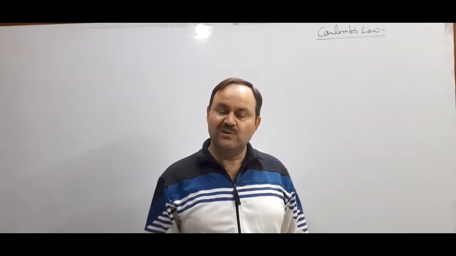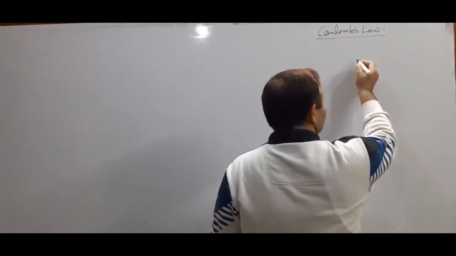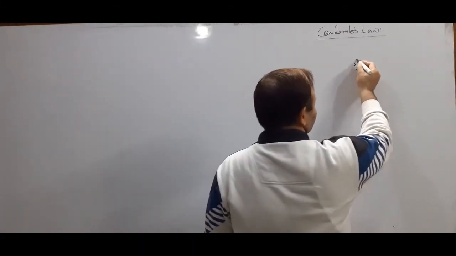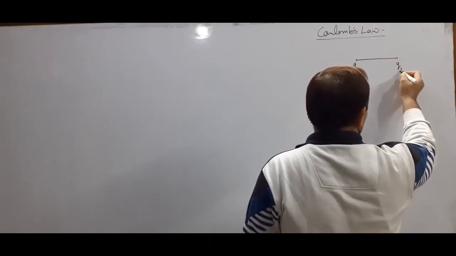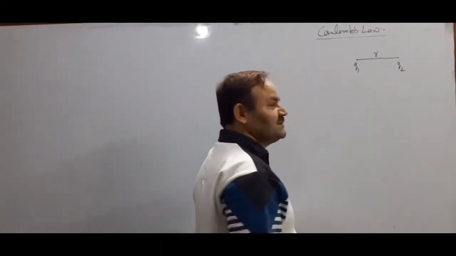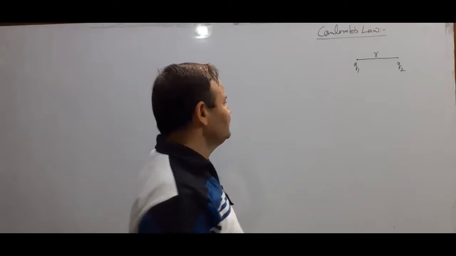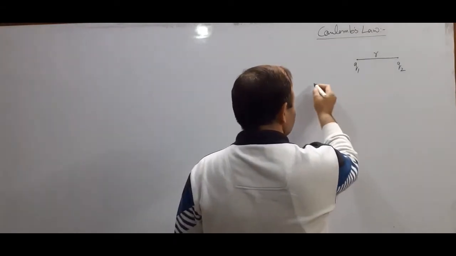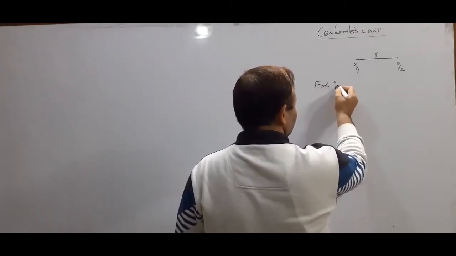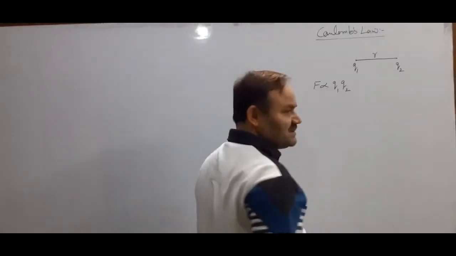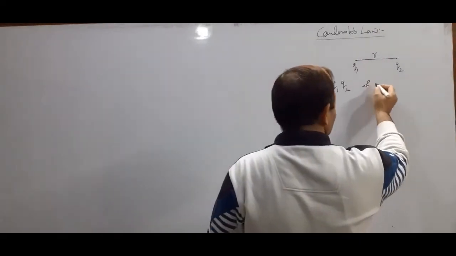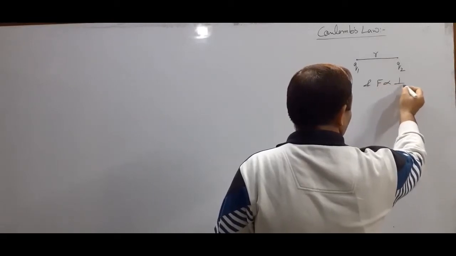Next thing will be Coulomb's law. Coulomb's law gives an expression for the force between two charges. If two charges Q1 and Q2 are separated by a distance r, then by Coulomb, the force between these two charges will be directly proportional to the product of magnitudes of the charges and inversely proportional to the square of distance between them.